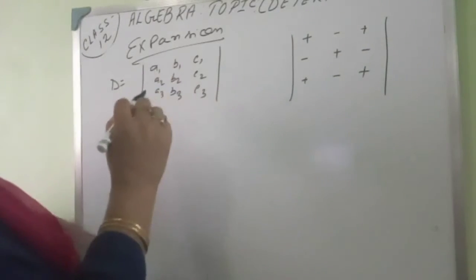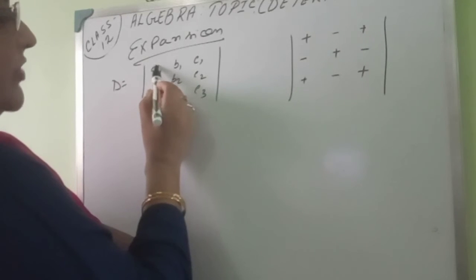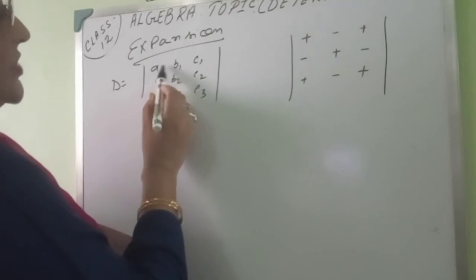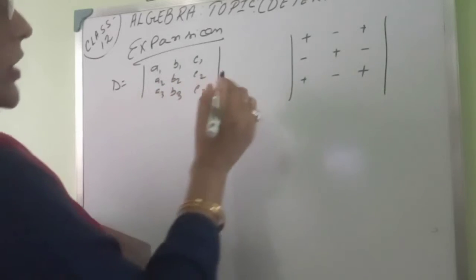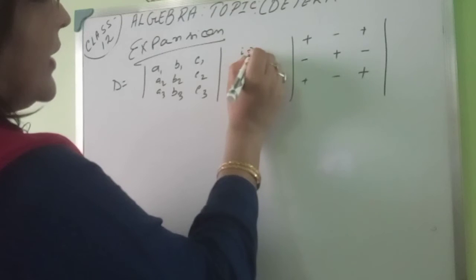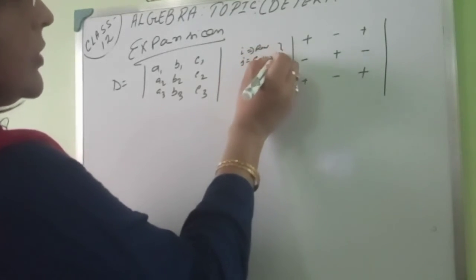Actually this is coming from the position of this element in the matrix. Already we have studied about this. This is the position of first row and first column. So the row we always denote as I and column as J.